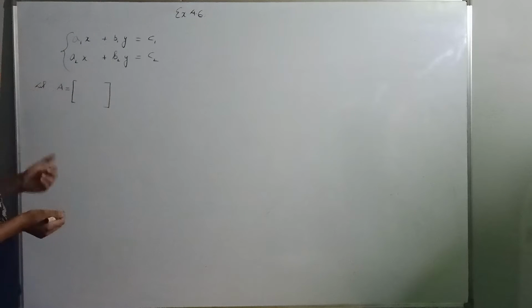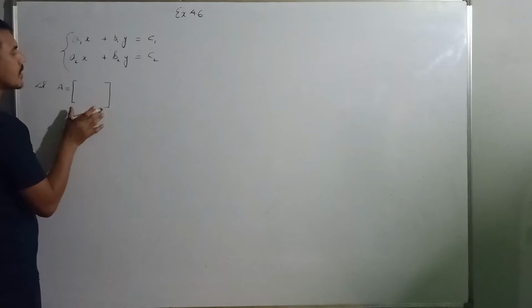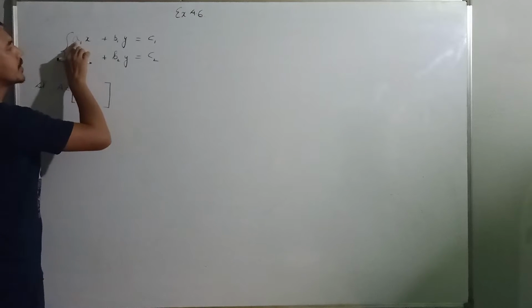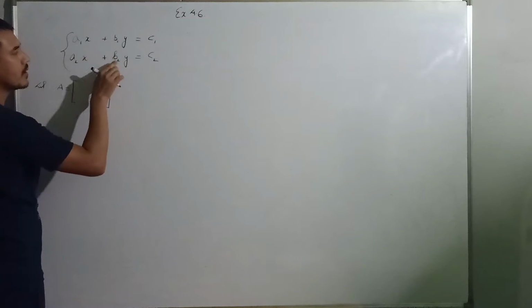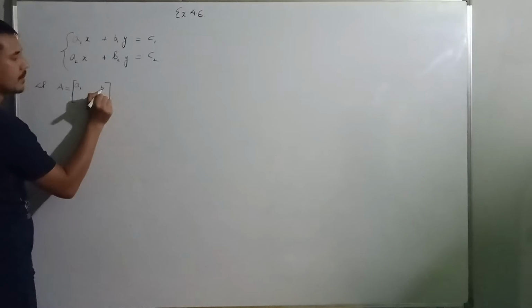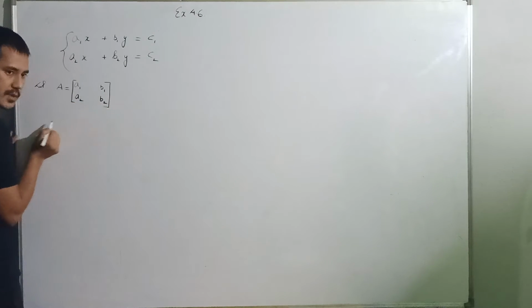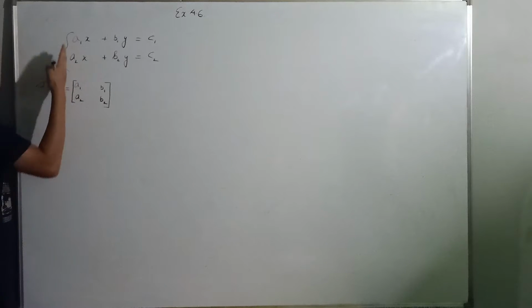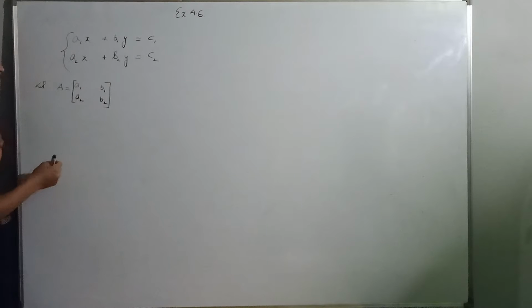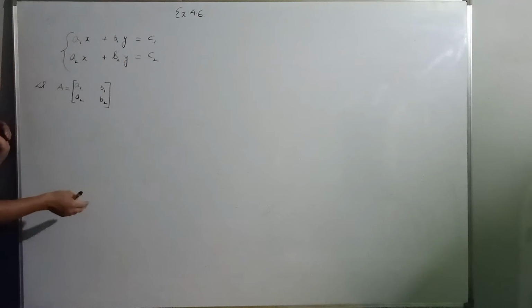This matrix A consists of the coefficients of x and y of the given equations, so a1, b1, a2 and b2 in this order, where the first column contains the coefficients of x from the given equations, and the second column consists of the coefficients of y from the two equations.